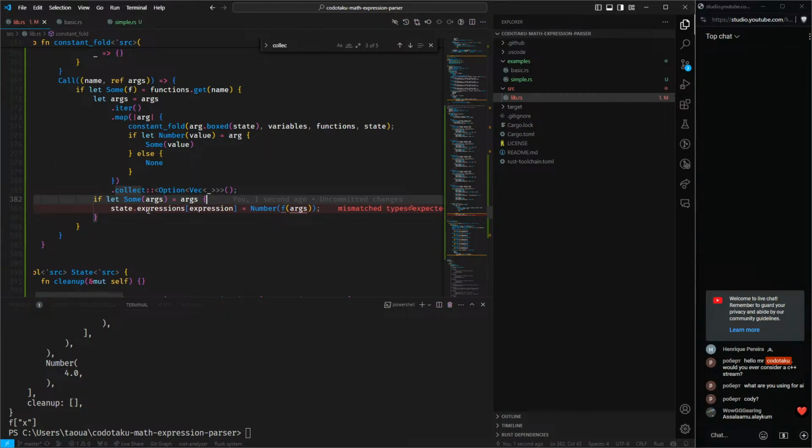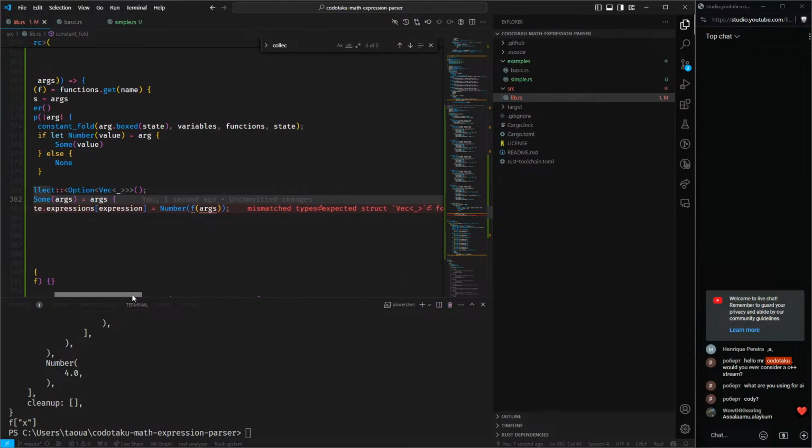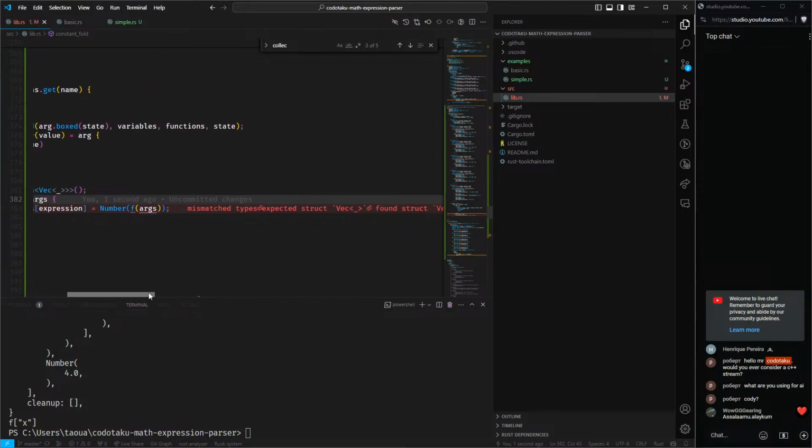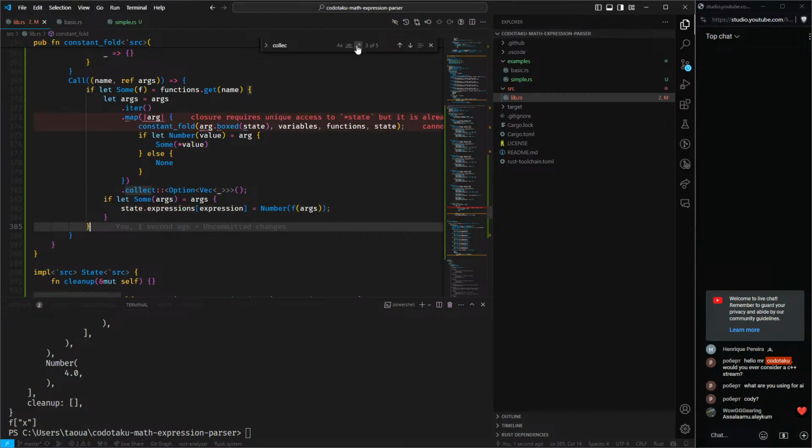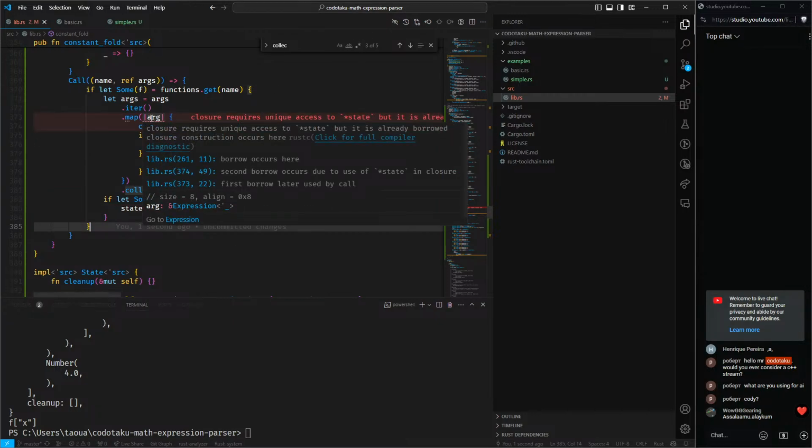So if let Some args, then state expression is equal to number f args. Times expected struct, found struct vec. Oh, there you go. Oh crap.